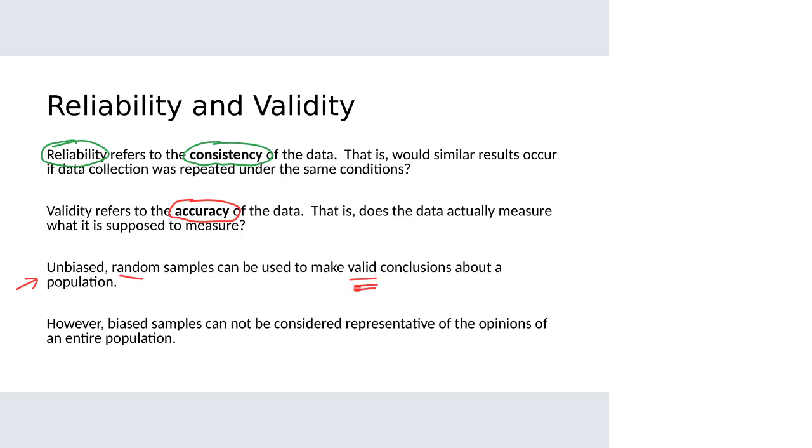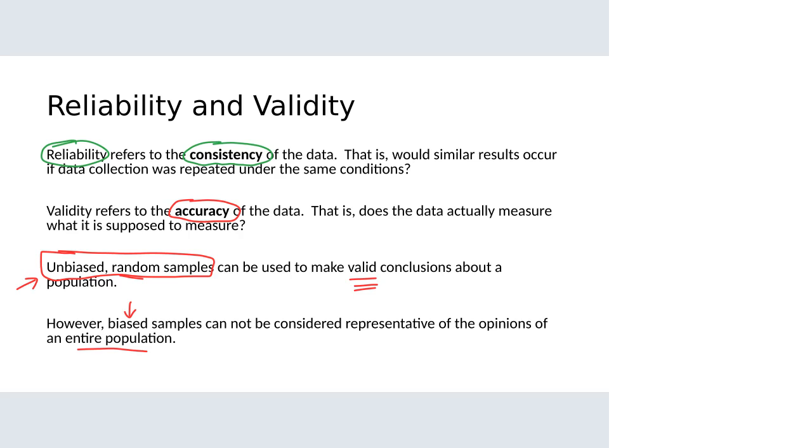That's how your data is accurate, and we would say that it's valid if it's an unbiased, random sample. Although, if you have a biased sample, then those aren't going to be representative of the opinions of the entire population. Here's an example of that.